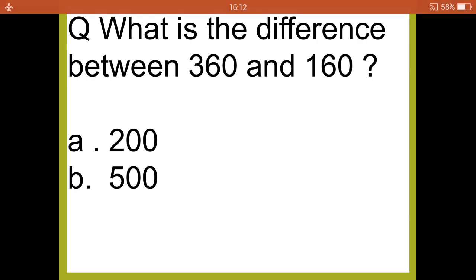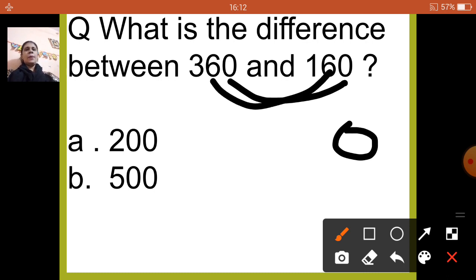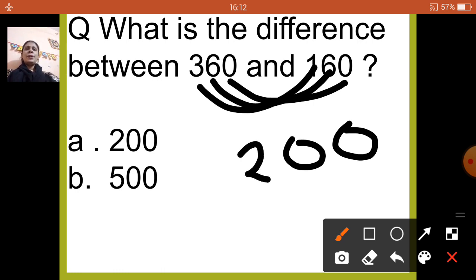Subtract and tell me, children, what will be your answer? 0 minus 0 will be 0. 6 minus 6 will be 0. 3 minus 1 will be 2. So what is the difference between 360 and 160? Option A, 200.